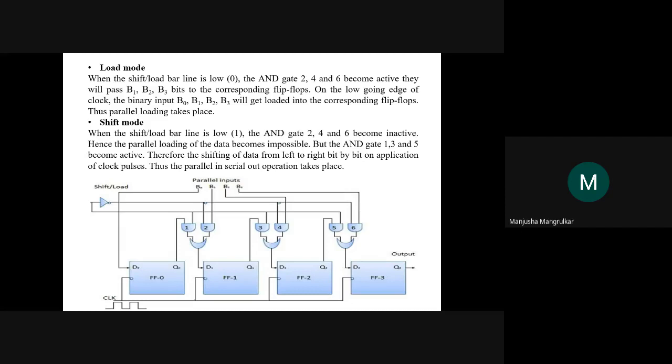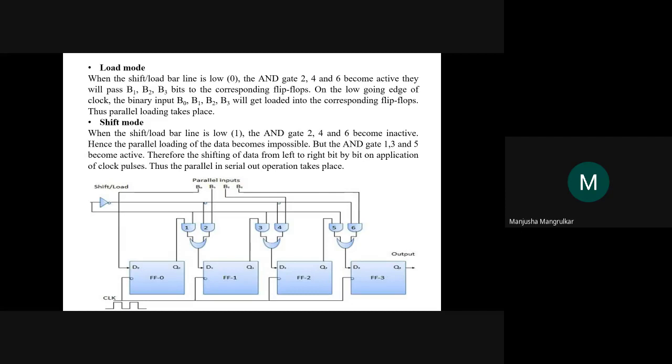Suppose here we get 1, then 1 and 1 means 1. In ORing, if any one of the inputs is 1, the output will be 1. So whatever the B2 is, it will be represented in D2. So the data will come over here and get loaded into the corresponding flip-flop, and thus parallel loading takes place.